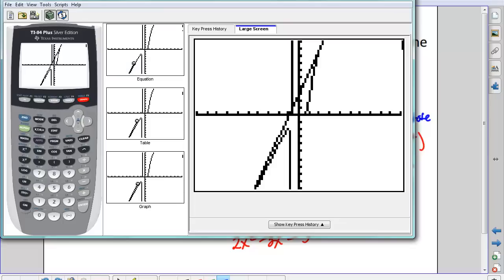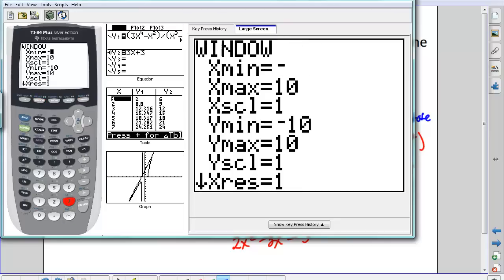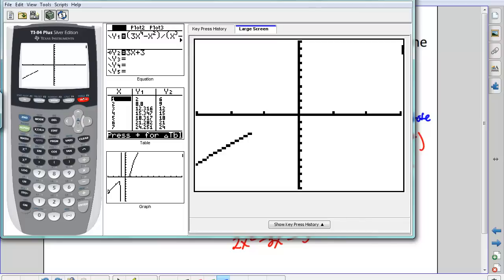It's kind of a mess. So let's fix our window. It looks like most of this stuff's happening between like -3 and +3 on those x values. So let me just do that, and see if that makes it any easier to see.